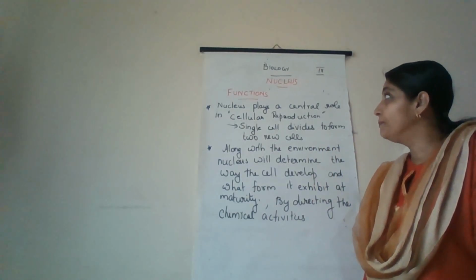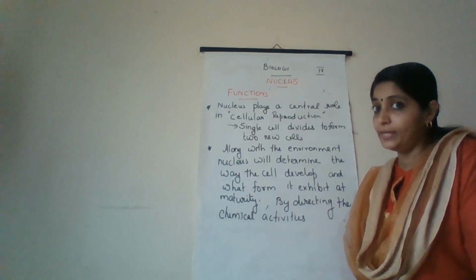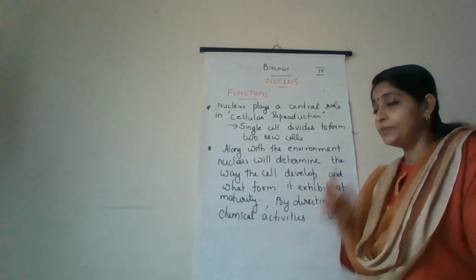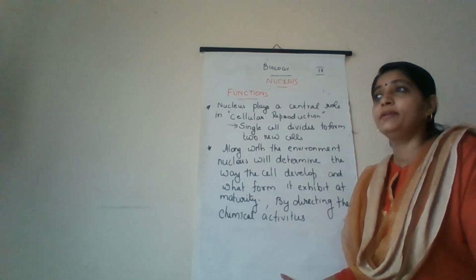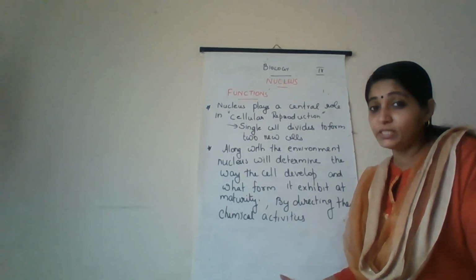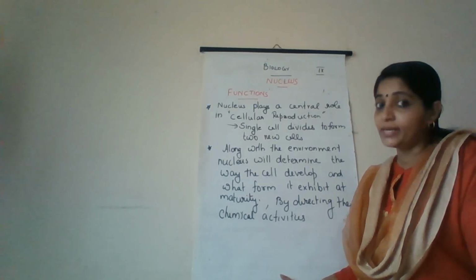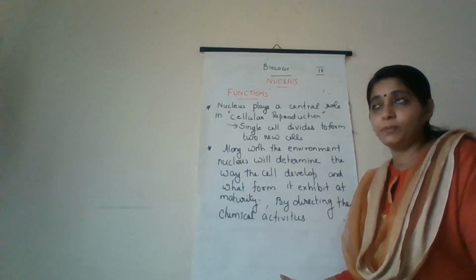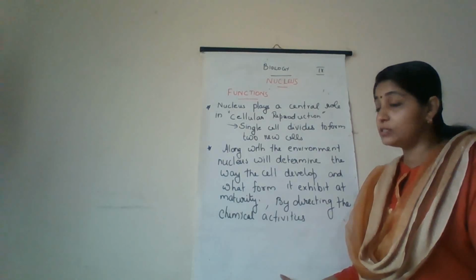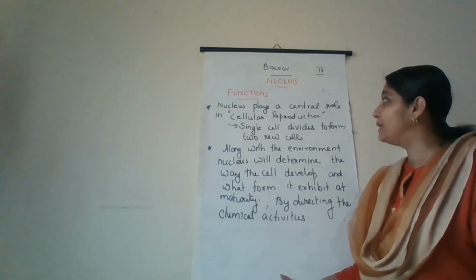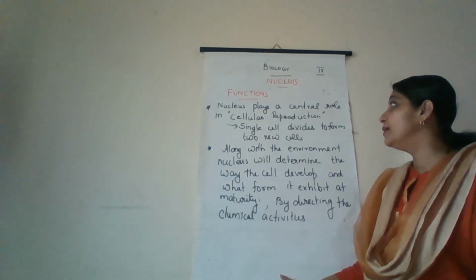Now we will study the functions of nucleus. We know nucleus forms the main control center of the cell, and it carries the genetic information which has to be transmitted to the offsprings, from parents to offsprings. Now we see the two main functions of nucleus. One is, nucleus plays a central role in cellular reproduction.